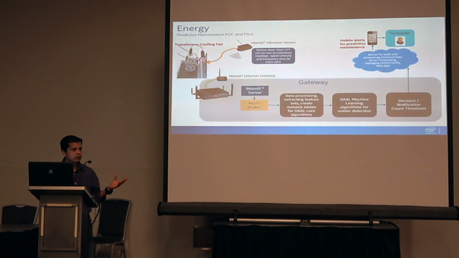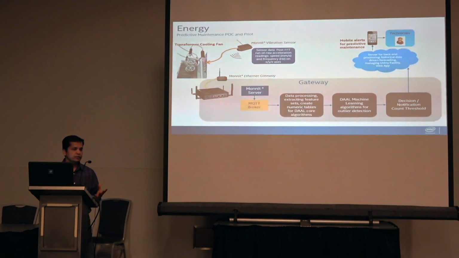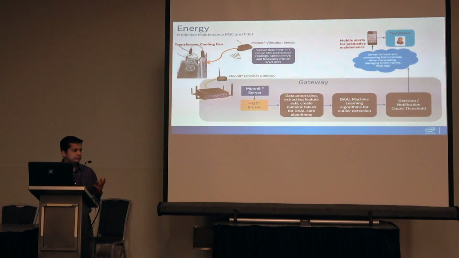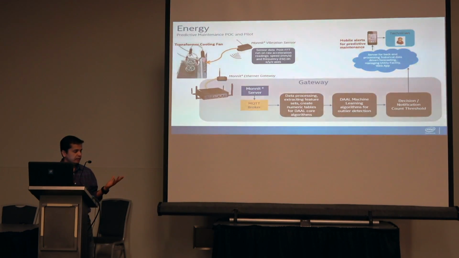So to make this even more efficient, we are putting sensors on them, and then capturing the vibration data from those sensors and monitoring that vibration to predict when the fan is about to go bad, so that you can send a notification and someone can come and just replace that one fan when it is about to fail.